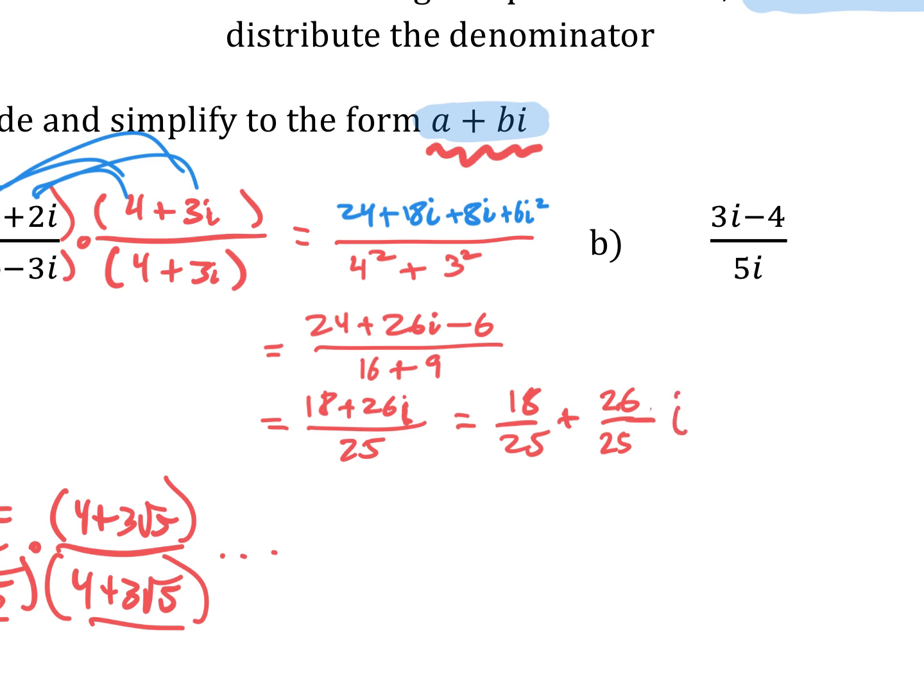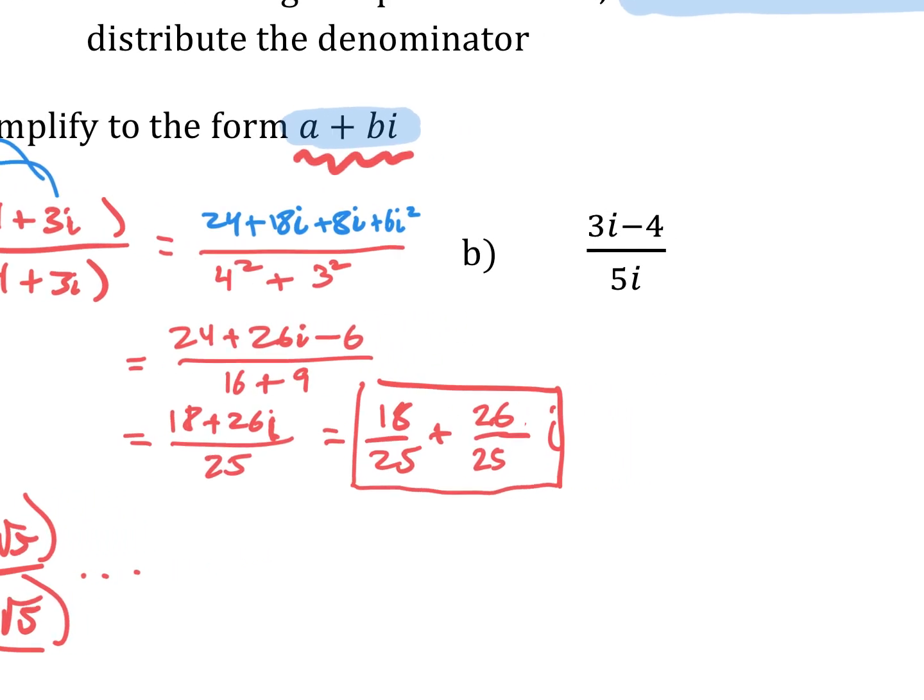The reason is because this is like i over 1. And if you multiplied it together, it'd be 26i over 25, right? But we want it in this form because it's a plus bi. That's our final answer. If you could simplify either of those fractions, go ahead and do it, but we can't.